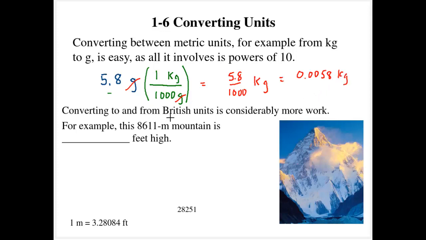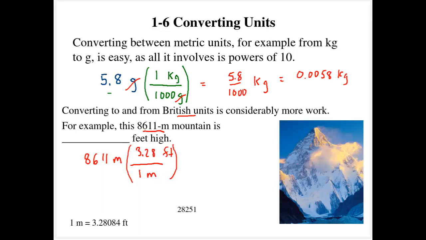Converting to and from British units, occasionally we'll have to do this. Suppose we have this mountain, the mountain on the front of the textbook, and it's going to be 8611 meters high. I can look on the front cover of my textbook and see that 1 meter is equal to 3.28 feet.